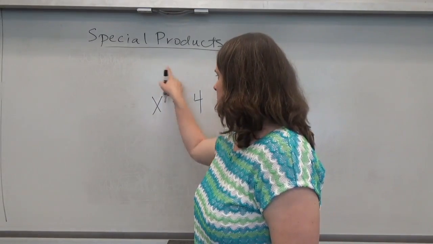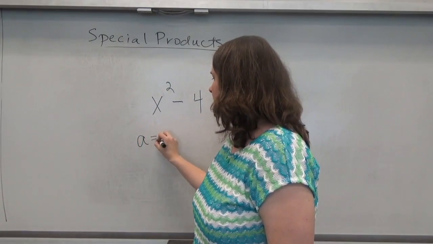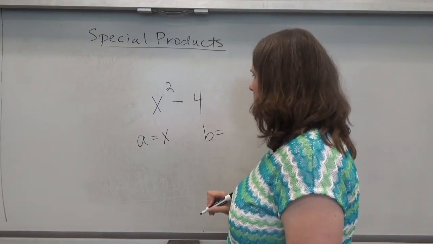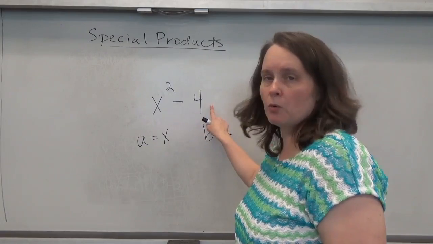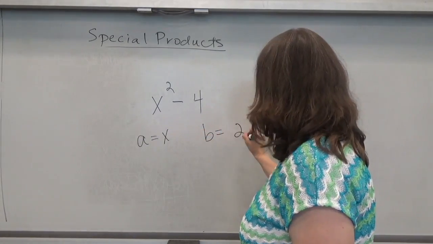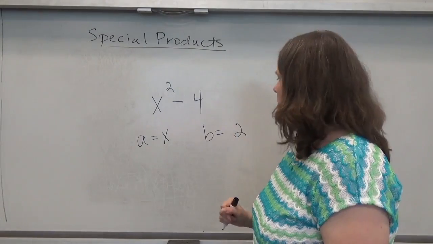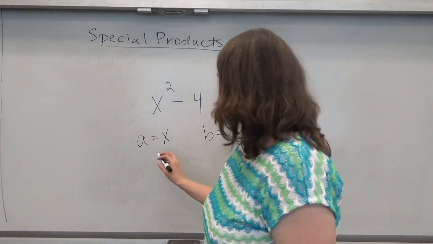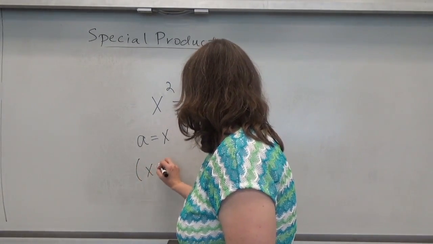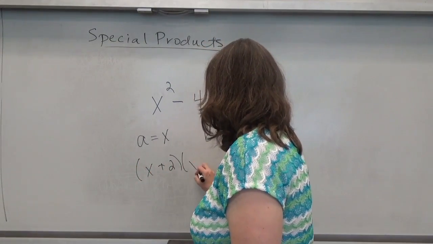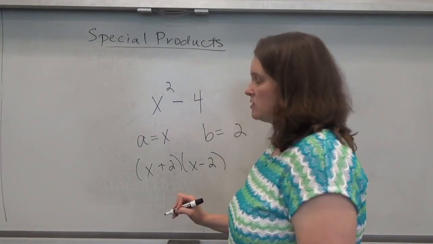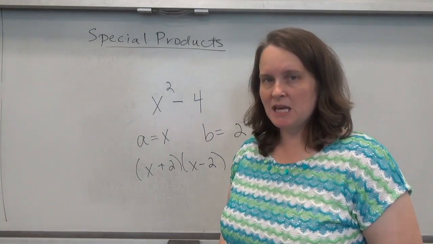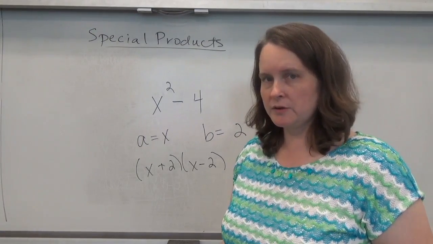To get x squared in your first term, a would be x. B would be, what would you square to give you a 4? It would be 2. You don't have to worry about a negative here. So putting these values into the formula gives you x plus 2 times x minus 2. And once you apply your formula, unless you forgot to remove a GCF at the very beginning, you're done.